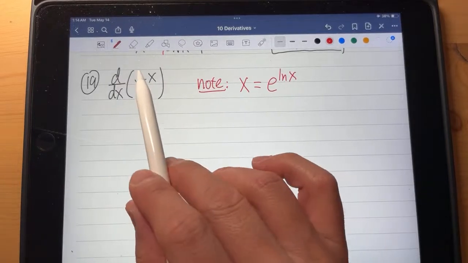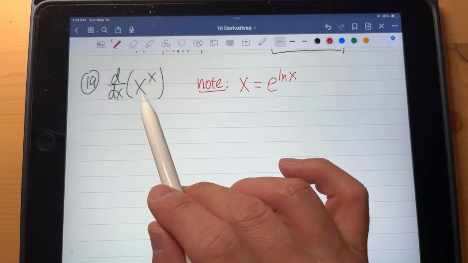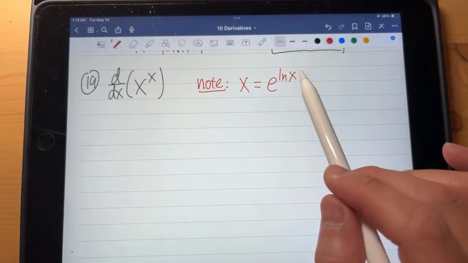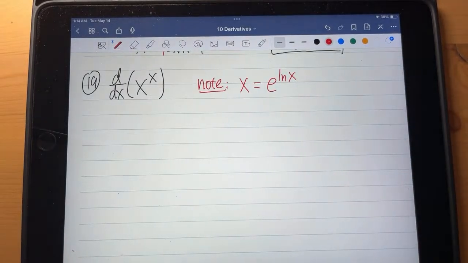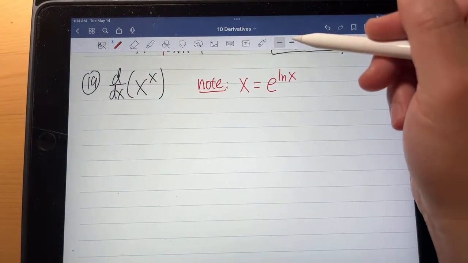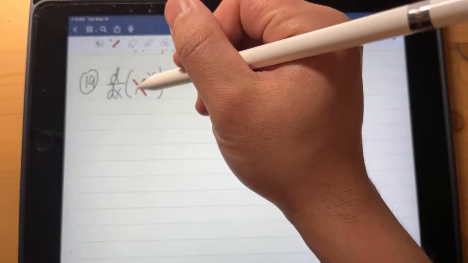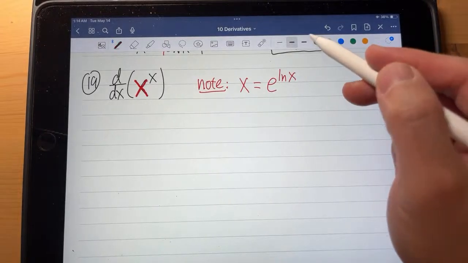And then if you want to get the derivative of x to the x power, x has to be greater than 0 for continuity purposes. So x has to be greater than 0 here, so we are good for that. Okay, so in such case, we can look at the base x right here and replace that with this.